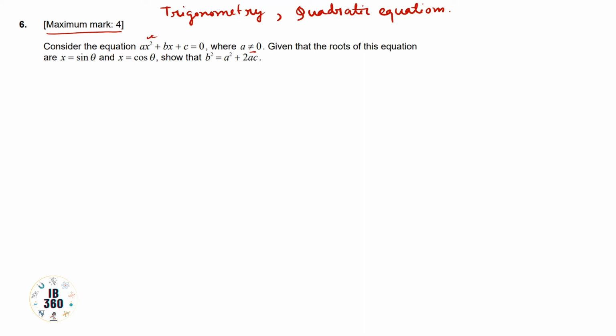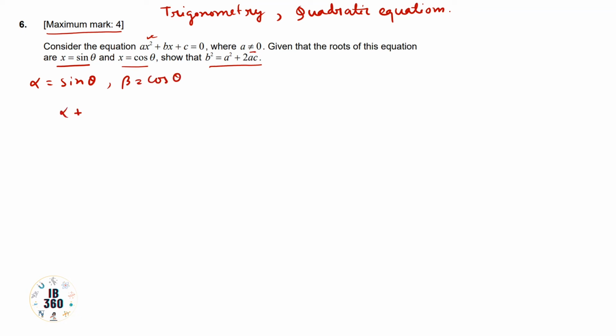Given that the roots of this equation are x equals sine theta and x equals cos theta, such that b square equals a square plus 2ac. So let the first root be alpha equals sine theta, and the second root beta equals cos theta.